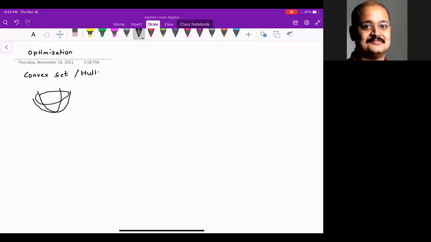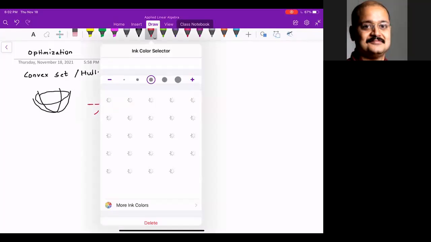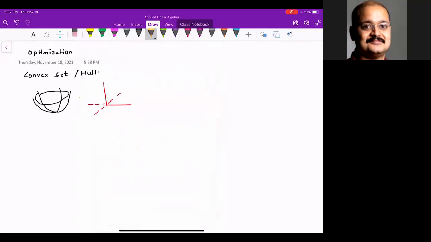So if you think about, let me show you, X, Y, and Z, you have a convex shape here. You have some sort of a bowl indicated on the X and Y plane.